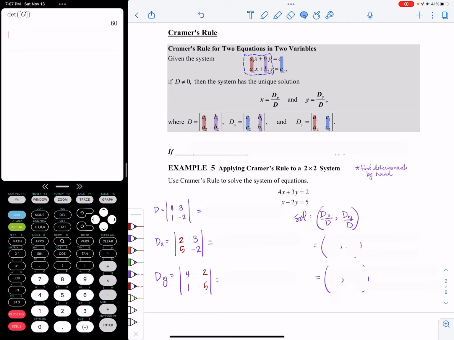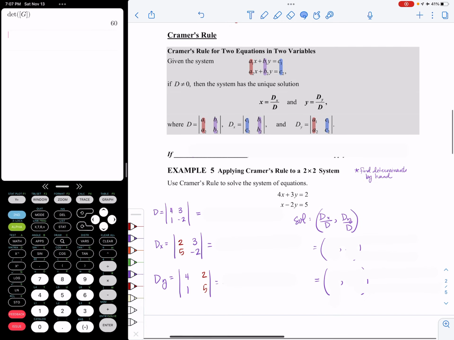And then I'm going to find d sub x, and d sub x is going to be found by taking the constant matrix, replacing the x's with the constants, leave the y's alone. And then d sub y is where we'll take those constants, replace the y's with the constants, but leave the old x's alone, leave the x coefficients alone.